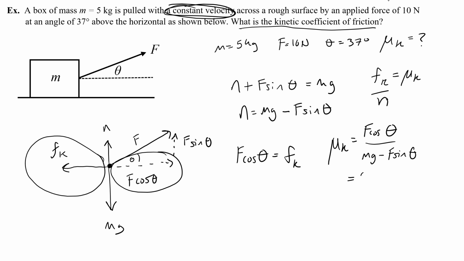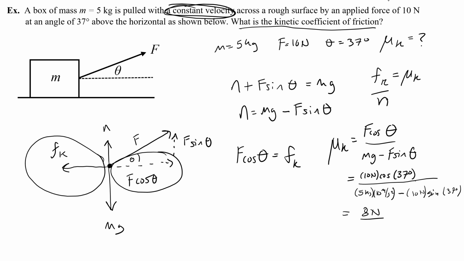F is 10 newtons, cosine of 37 degrees. And then on the bottom, the weight, mg, 5 kilograms times 10 meters per second squared, minus 10 newtons for the applied force, times sine of 37 degrees. Okay, well, 10 cosine of 37 is 8.